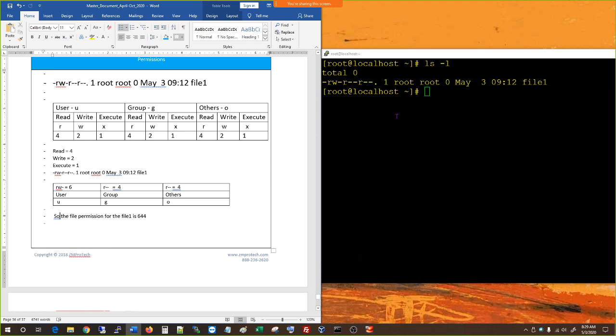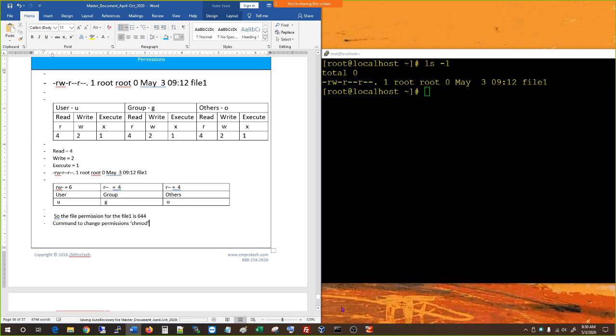Okay, so let's have some fun here. I want to change the permissions here, okay? So the command that changes the permission is chmod. Okay, chmod.